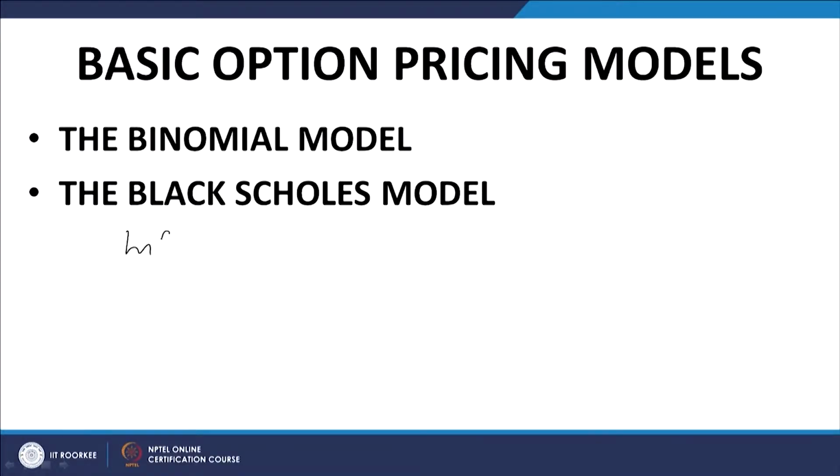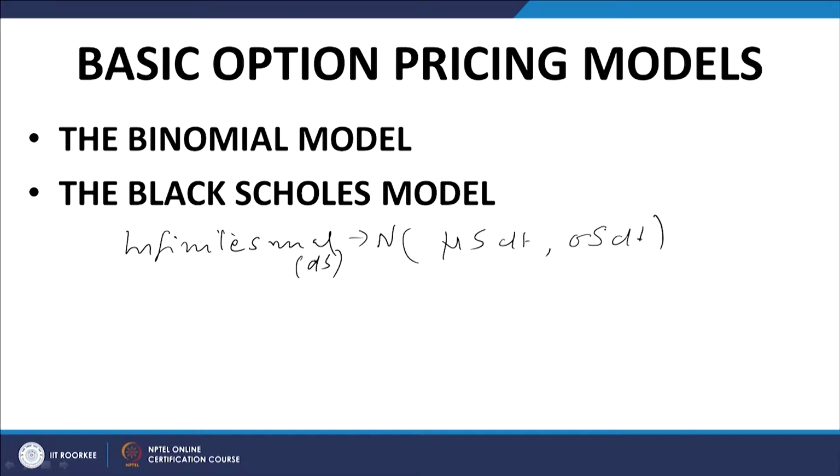Before I conclude that topic, I would like to emphasize once again that the infinitesimal model involves the normal distribution of the change in stock price dS. dS is normally distributed with a mean of mu S dt and a variance of sigma square S square dt.